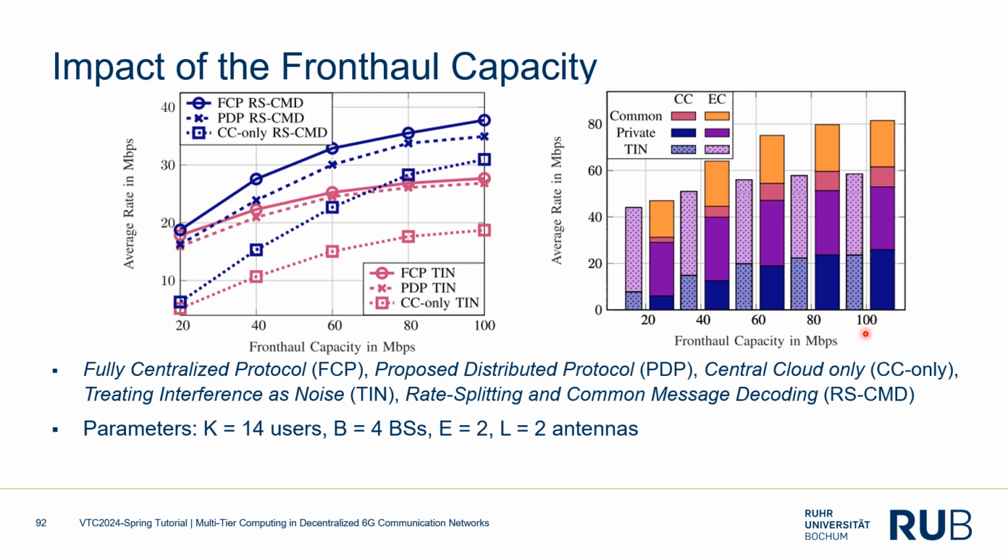For example, if we check out the 100 megabits per second fronthaul capacity, we see that the edge cloud's common rate achieves similar values to its private counterpart, so the edge cloud's private rate. So that shows that the interference management at the edge cloud seems to be a very central aspect of the proposed scheme and its effectiveness, especially here at the high fronthaul regime.